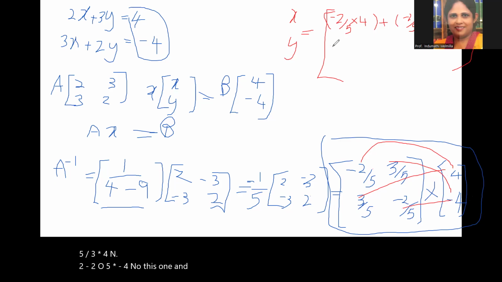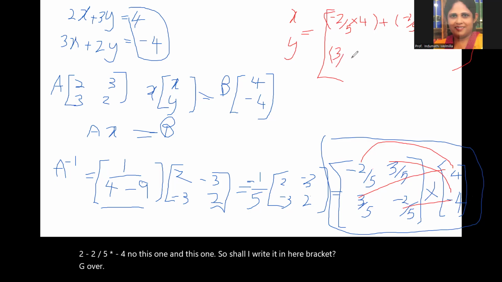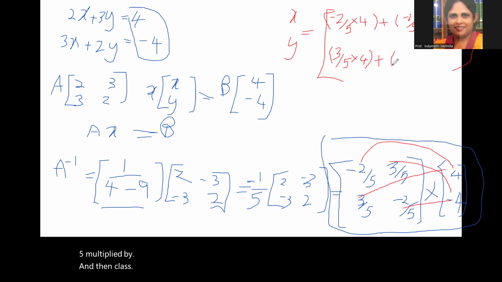So shall I write it in here? Bracket 3 over 5 multiplied by 4, and then plus minus 2 over 5 multiplied by again minus 4, right?